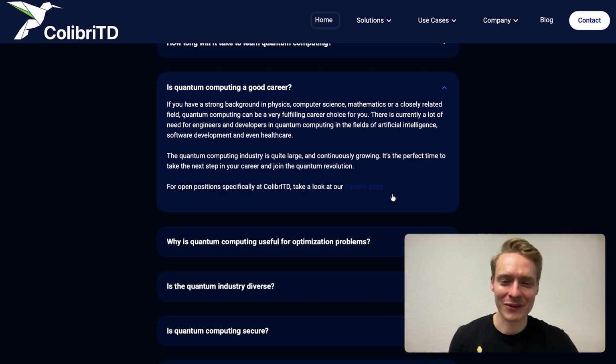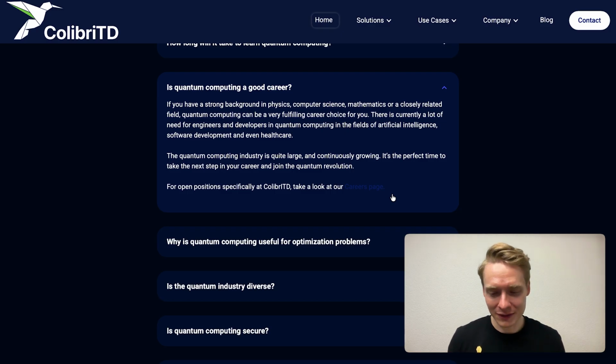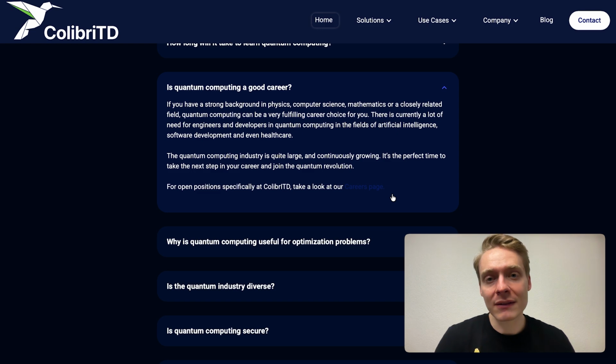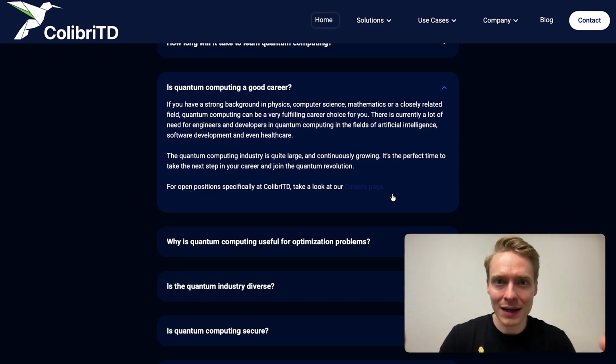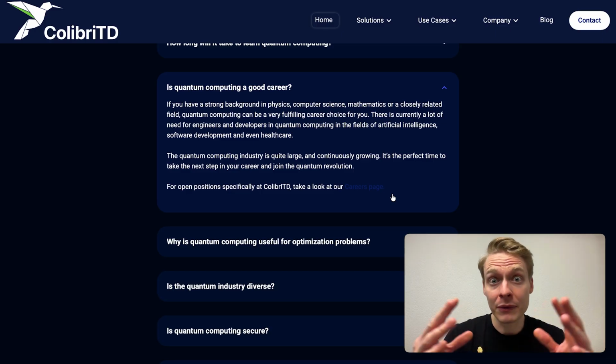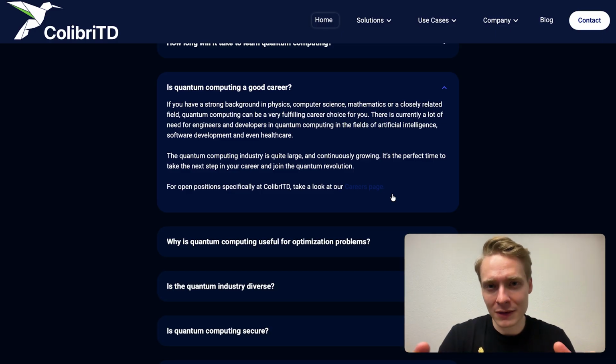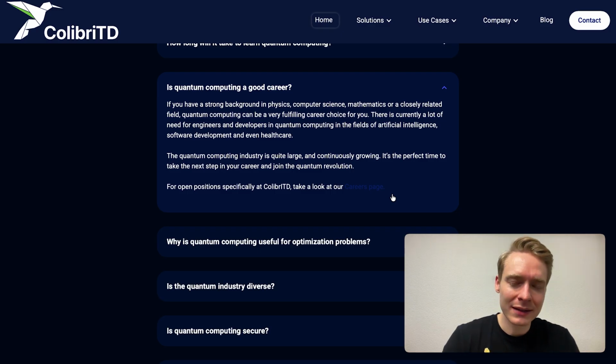Quick note on that: when I finished university, when I finished my PhD program, the landscape was indeed a very different one. There were not so many companies out there. There were a couple of startups in the quantum technology space, maybe not so many on the quantum computing side, and only a couple of big players, mainly outside of Europe, working on quantum computing, which made it difficult to get a foot in the door.